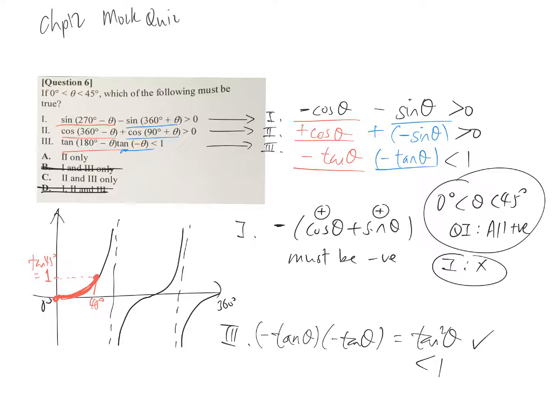Understand? If you don't understand, you can watch the video again. We need to make sure, so we do number 2 as well. It is about whether cosine theta minus sine theta is greater than 0 or smaller than 0. For a subtraction, you need to check which is bigger.